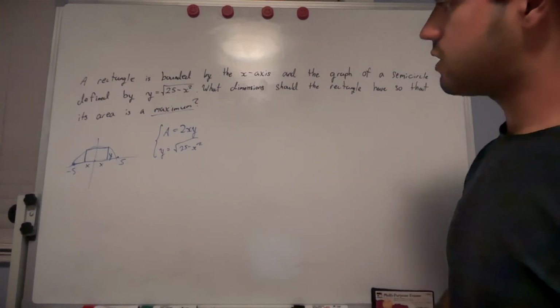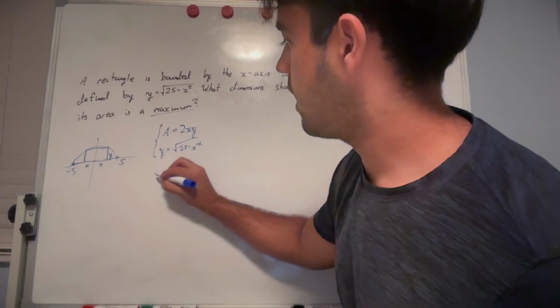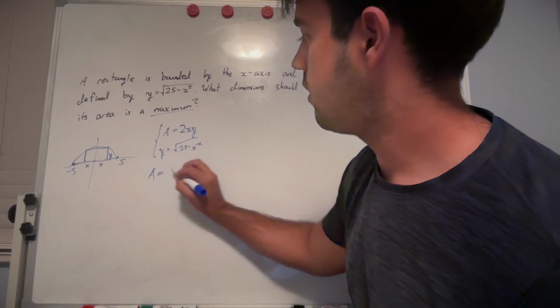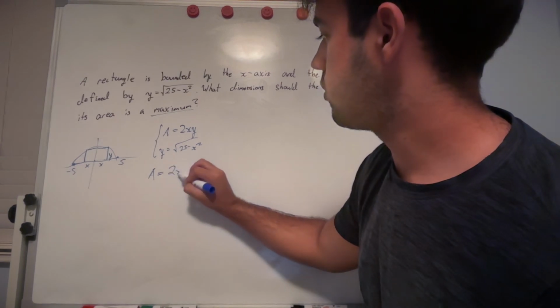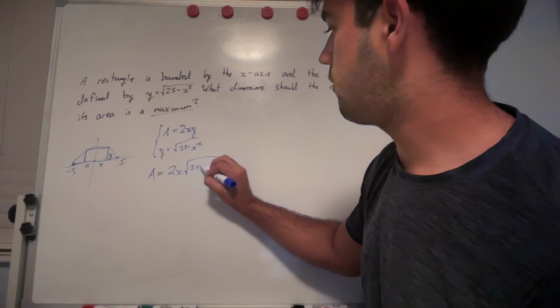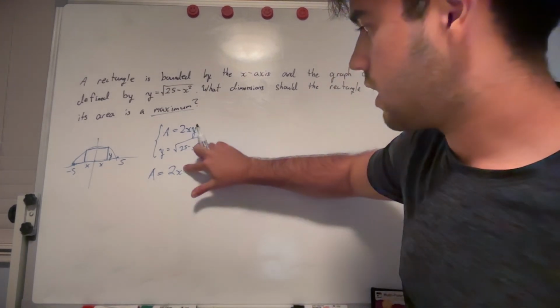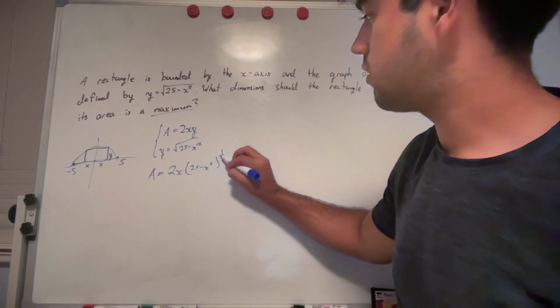Well, this is really simple because we can just substitute y into here. So we're going to have that the area of this semicircle is equal to 2x times the square root of 25 minus x squared, which I'll rewrite as a fractional exponent.